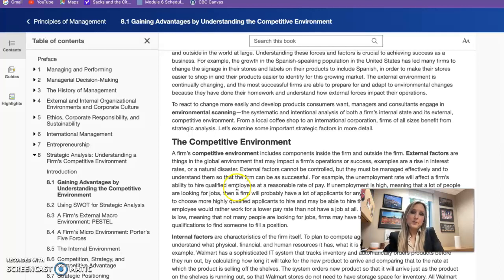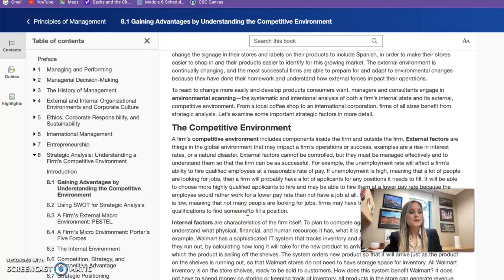In this part of your textbook, it talks about the competitive environment. So that's just in general talking about the components inside, internal and external from the firm, if you will. So internal being things that are more controllable, so like characteristics of the firm itself, okay?